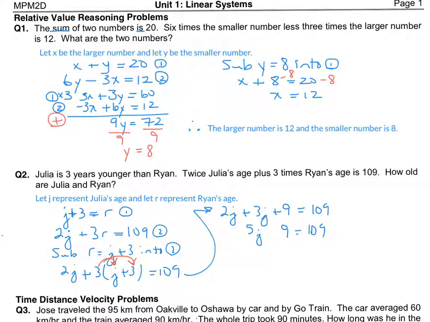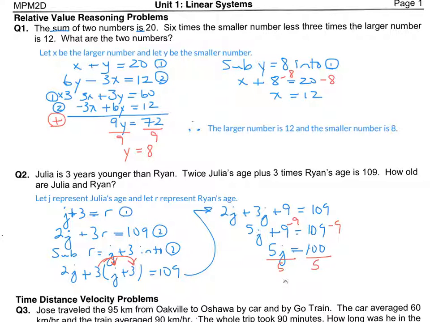And then I want to subtract 9 from both sides. I'm going to have 5J equals 100. And then divide both sides by 5.